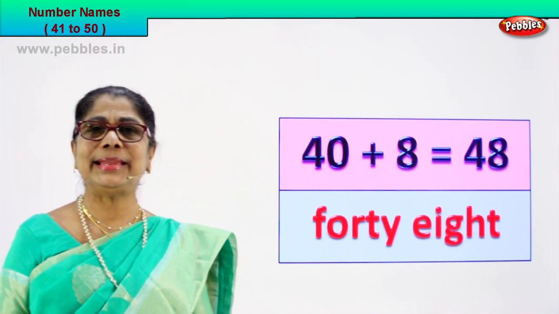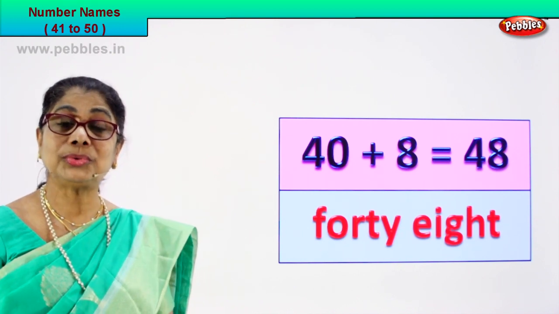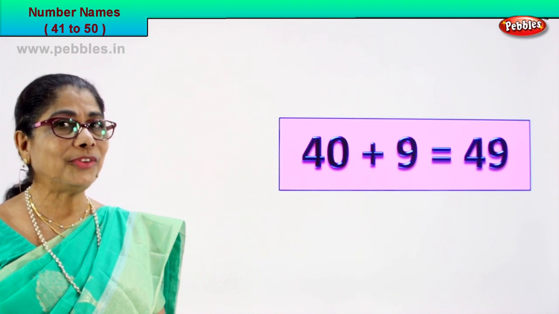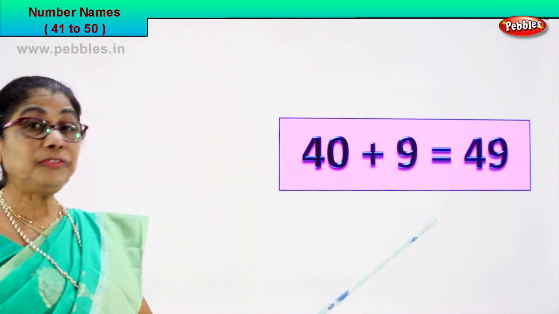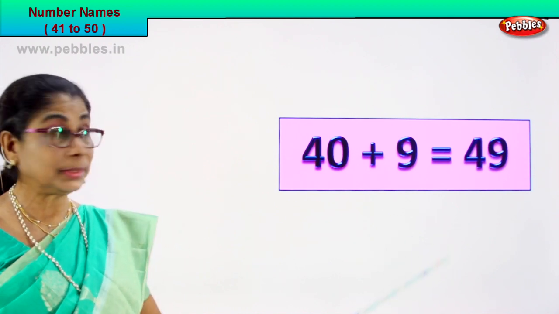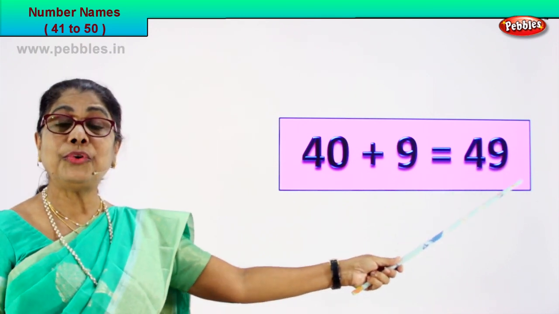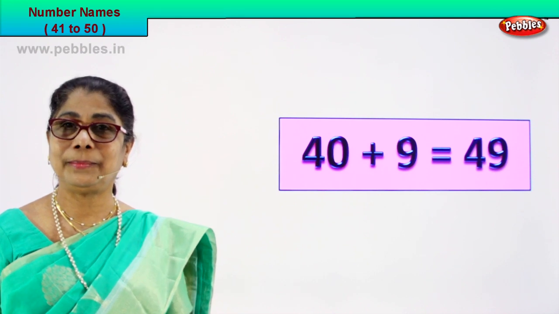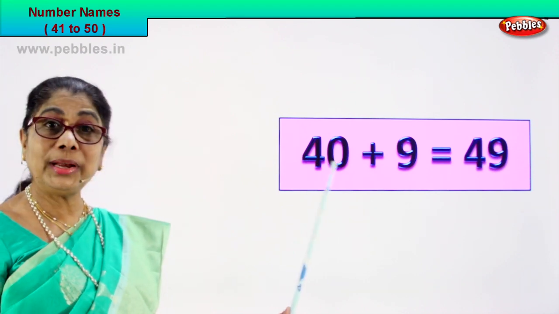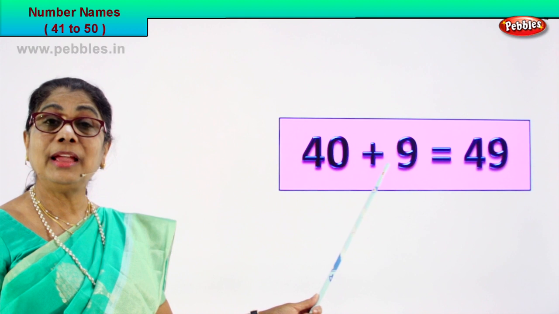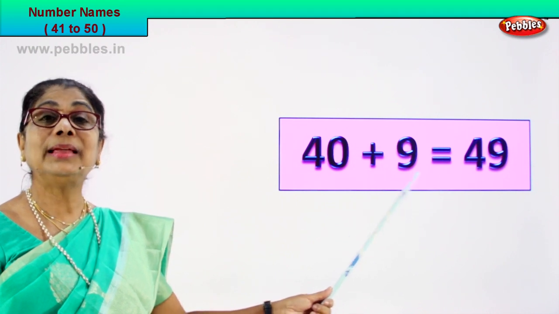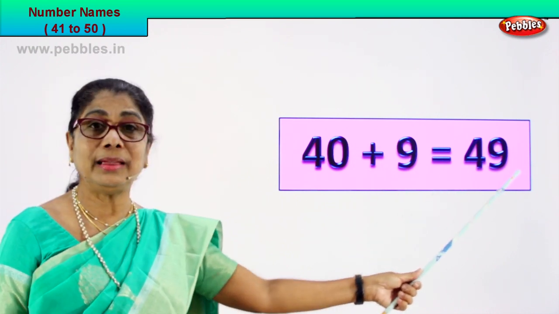What do you think is the number that comes after 48? After 48 comes the number 49. Numeral 4 and 9, 49. Good. 4 and 0, 40, plus 9 is equal to 49.